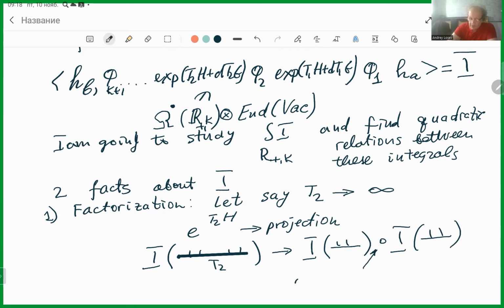And here I have composition in endomorphisms of vacuum.